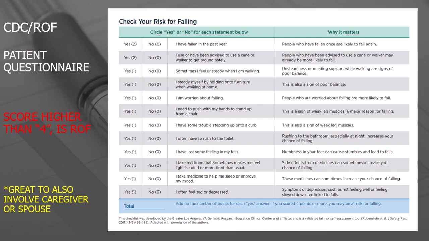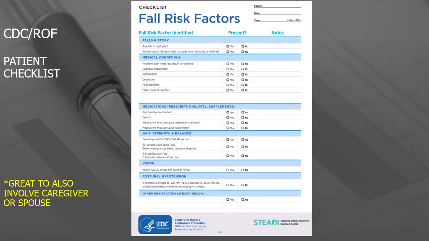The CDC is a wonderful resource for surveys and referral forms and everything else. Here's a checklist that is used to evaluate risk of fall, which asks the same 2 questions, but obviously quite a few more. And the more questions you ask, of course, the longer it takes, but also the more information you get.